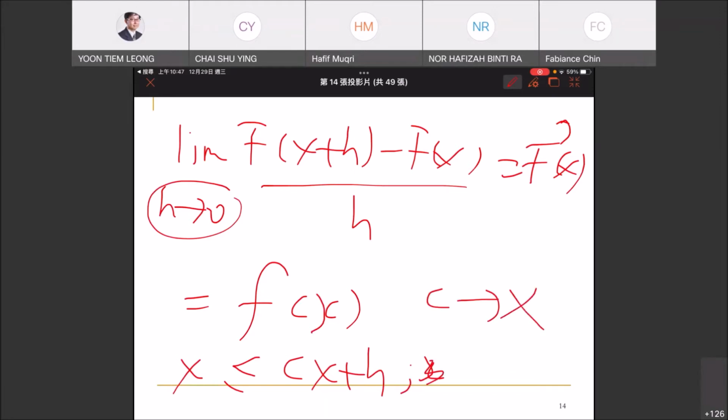So we just established this fact, that F prime is just equal to the small function f.